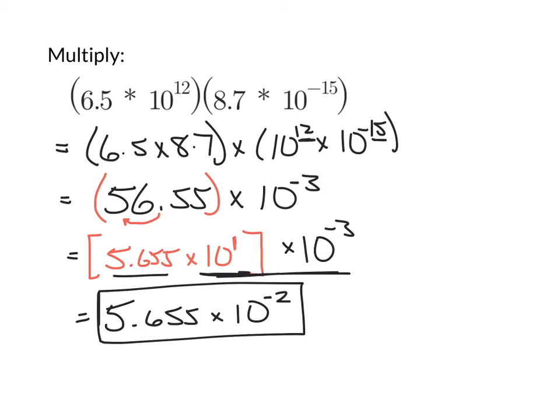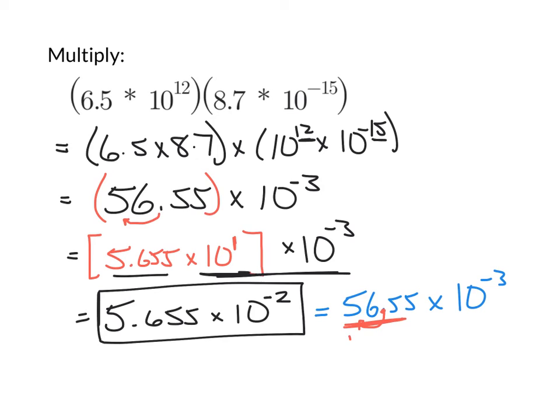Real quickly, comparing this answer that's written in scientific notation to the one that we tried to change, that 56.55 times 10 to the negative third. Take a look at what happened there. We needed to adjust our answer by moving the decimal one more place. So we made this number that's out in front, the 56, we made it smaller by moving the decimal one place.